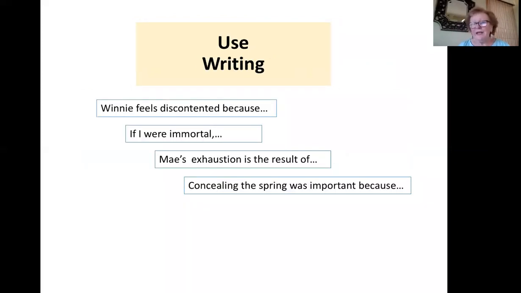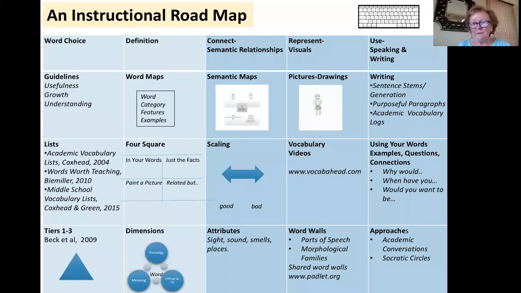And then use in writing. Here come your writing stems. Winnie, who's a major character, feels discontented because if I were immortal. May's exhaustion, May, another character, is the result of. And concealing the spring was important because. So embedding those vocab words within the context of a sentence stem, giving your students opportunity to use them expressively.